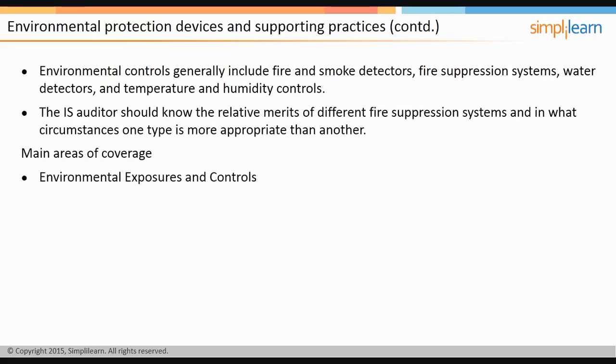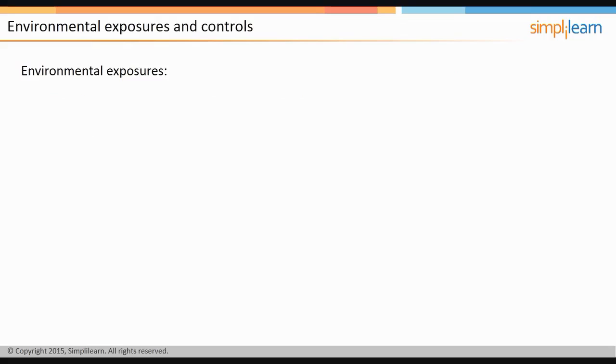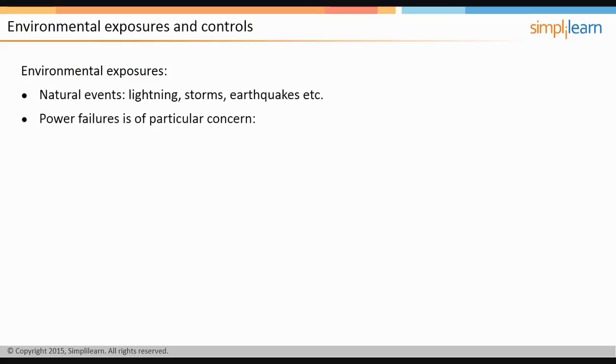In the next few screens, we will discuss about environmental exposures and controls. The environmental exposures include natural events, lightning, storms, earthquakes, etc. Power failures is of particular concern. Total failure, blackouts. Severely reduced voltage, brownouts.